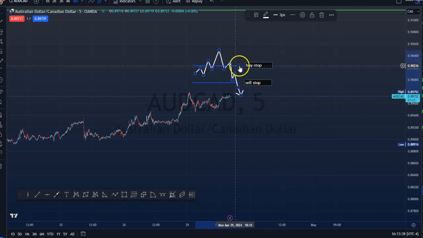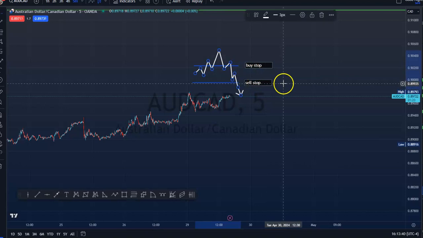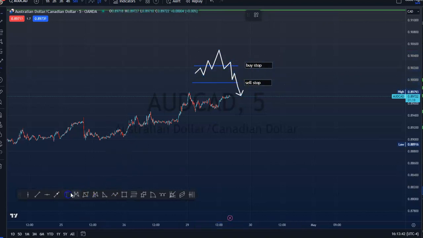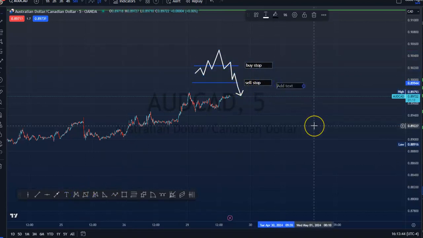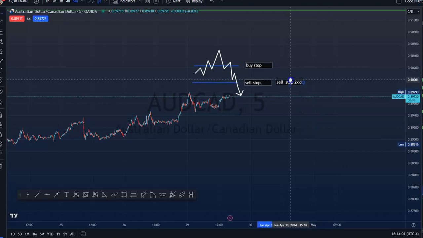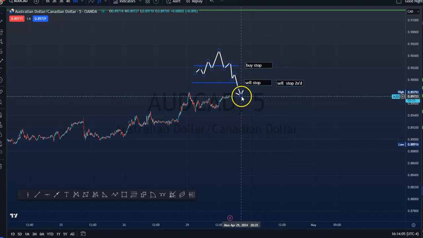You're leaving it open. The sell stop, if it triggers after the buy stop, becomes 2x. Or there are different ranges, like I'll have like 70%, or it depends. But this is kind of the idea, just so that you can get the idea of what I do. Sell stop 2x, right?